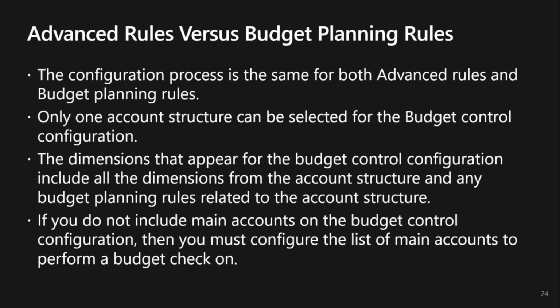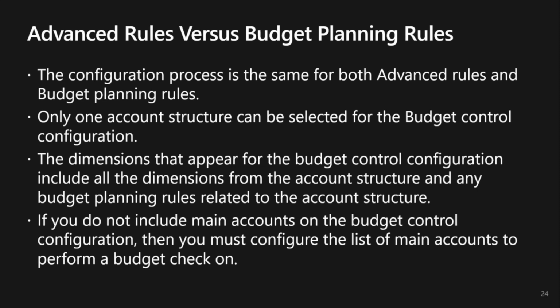So when you're in the budget control configuration form, the dimensions that will show up that you can select and move from the available to the selected pane on that first tab of your configuration will include all of the dimensions from the account structure and any budget planning rules that are related to that account structure. So let's say you had a revenue account structure and that's what you chose.